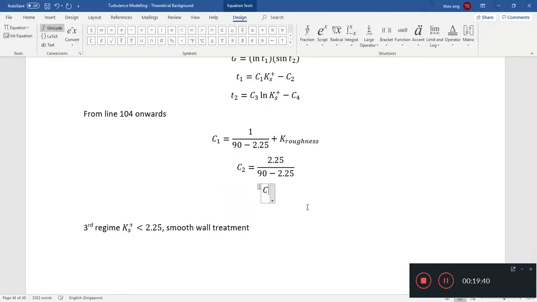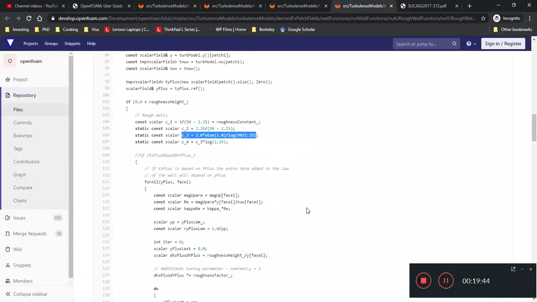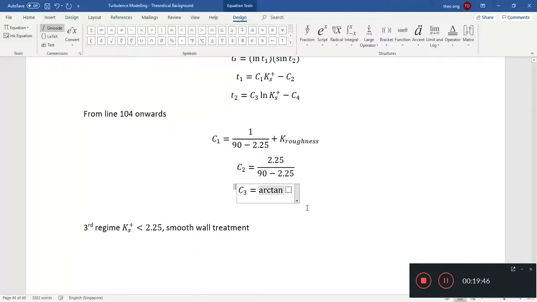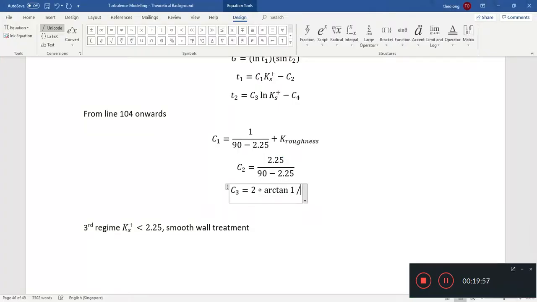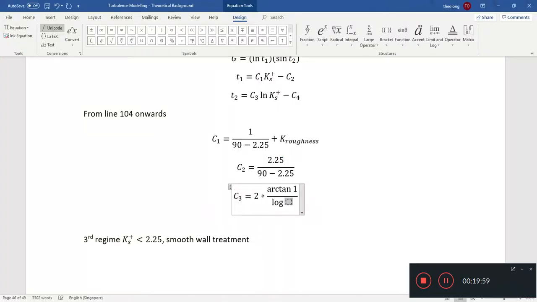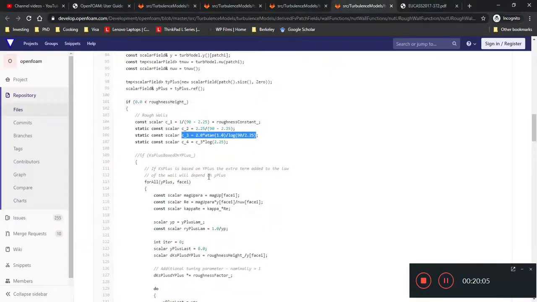C3 equals 2 times arctangent of 1, divided by ln of 90 over 2.25. Wow. And what is C4?